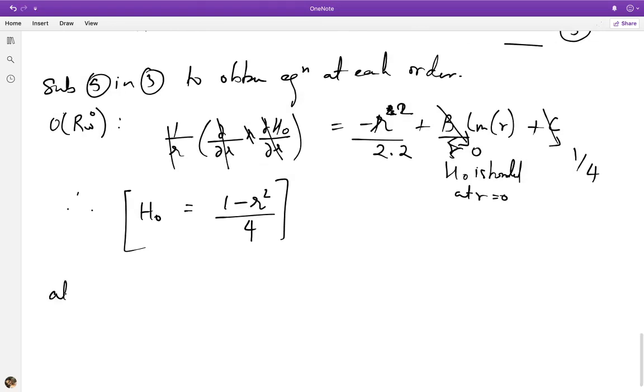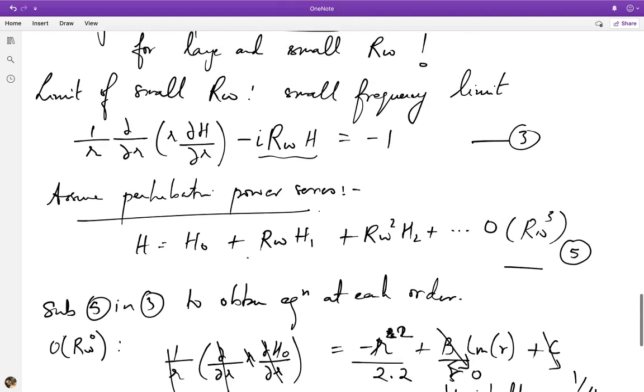Now let's move to the first order. If you look here now, this term will basically pop out an Rw with h1 here. This minus 1 which I had earlier is not going to have any contribution because it's the leading order. So at Rw, the right hand side is just 0.